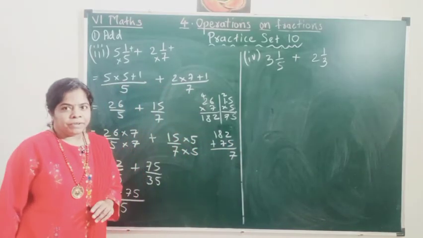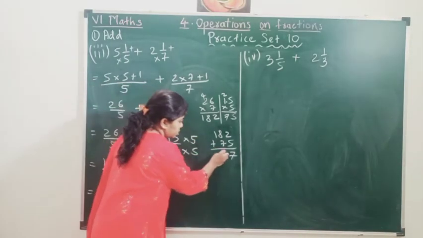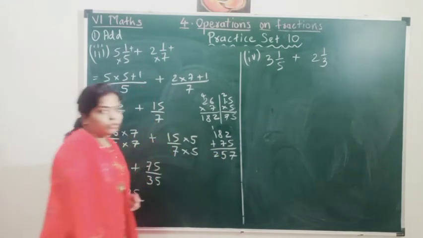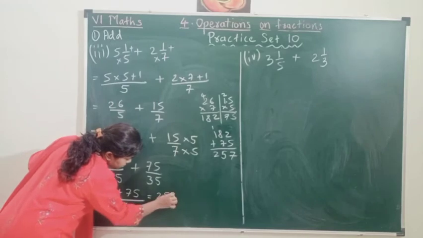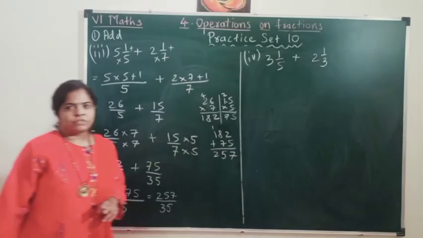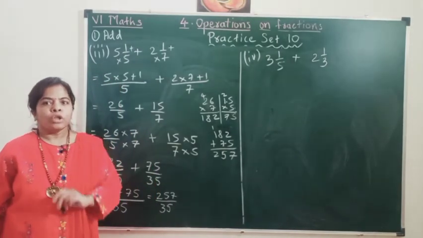Five plus 2 is 7. 8 plus 7, 15, 257. You can divide this fraction and convert it into improper fraction also.